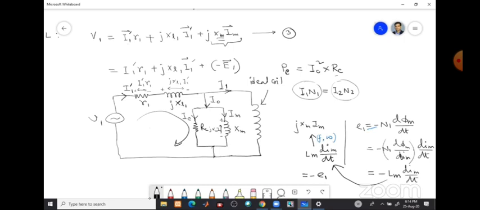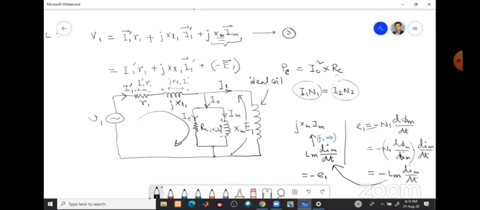So the voltage drop across the mutual reactance XM, or mutual inductance, we generally don't consider as a voltage drop. We consider it as an induced voltage, so this is basically your E1. The voltage across the leakage reactance we consider as a voltage drop, and the voltage across the resistance we consider as a voltage drop.